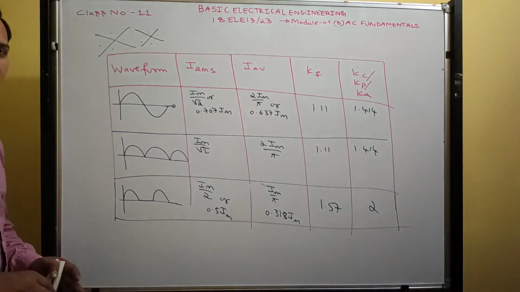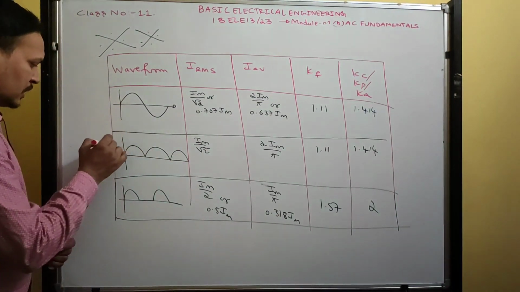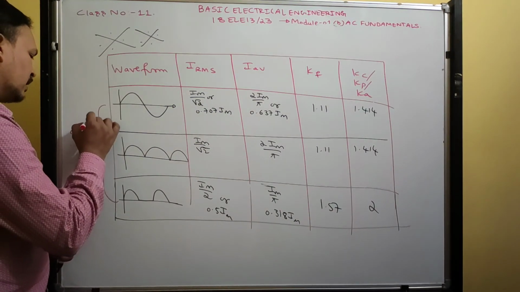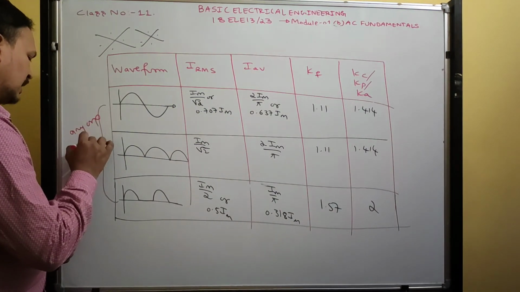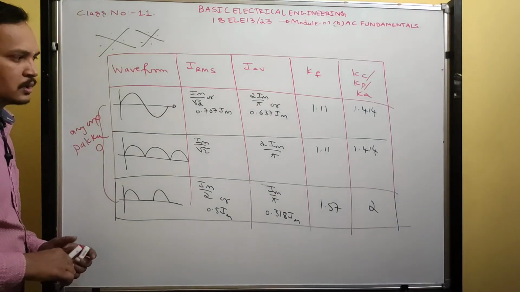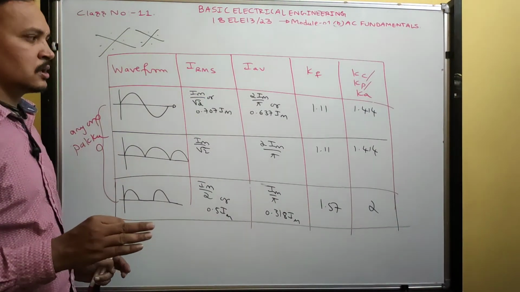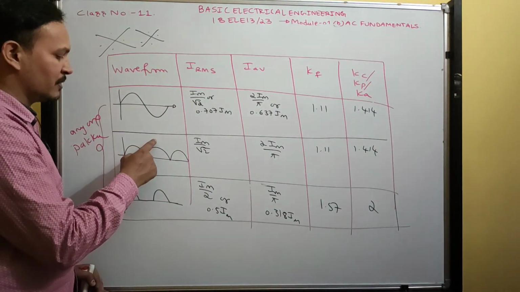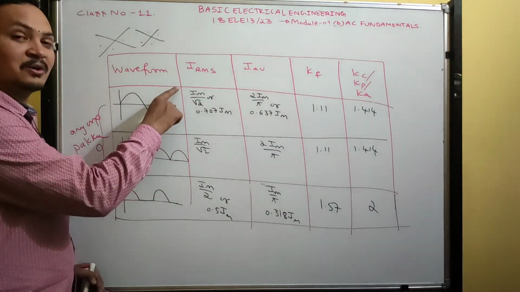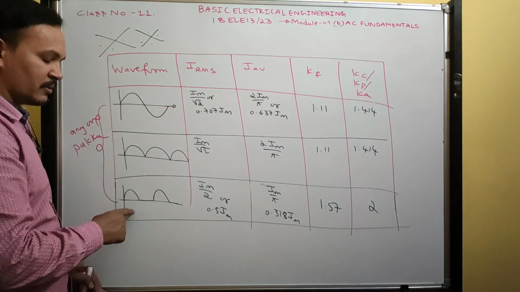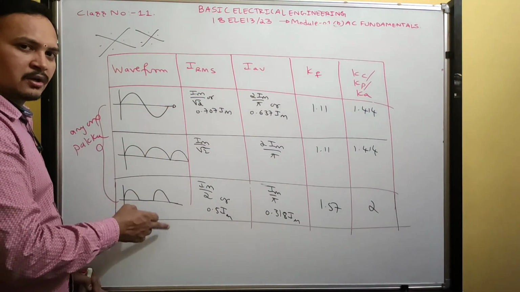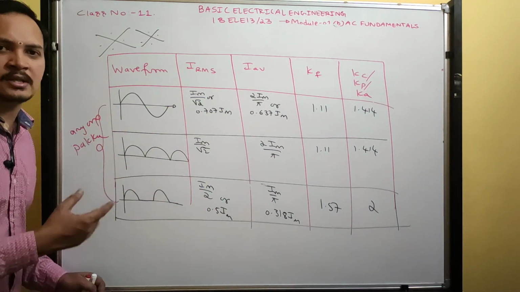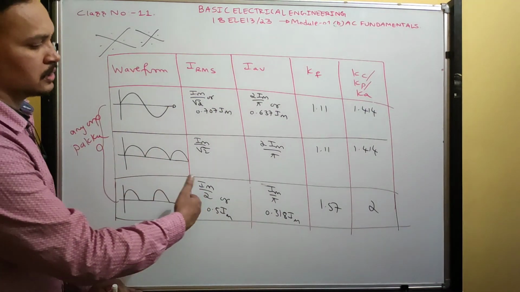Guys, in the university theory exam, out of these three waveforms, they will definitely ask one. Nothing else is different. If you study this, you need not study the others. Only the limit is changed. Here the limit is 0 to pi. Here the limit is 0 to 2 pi. What about here? 1 by 2 pi, 0 to pi; from pi to 2 pi, 0.